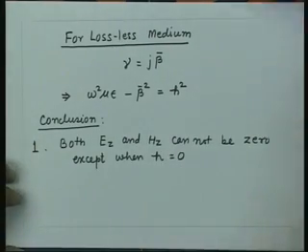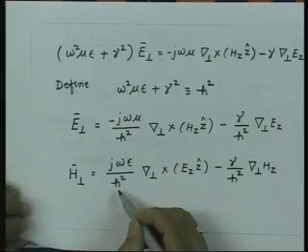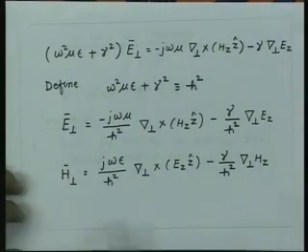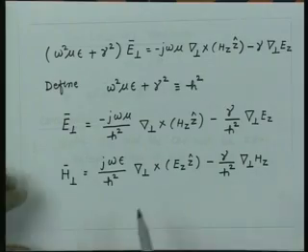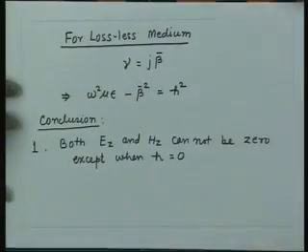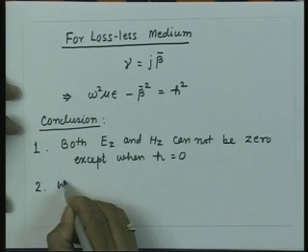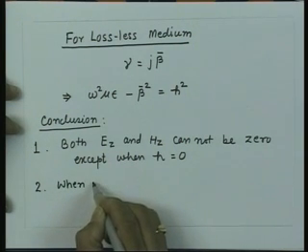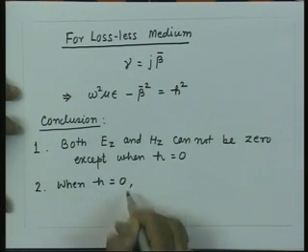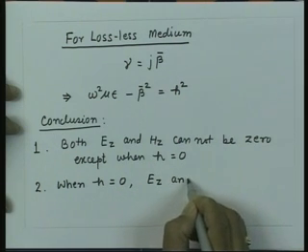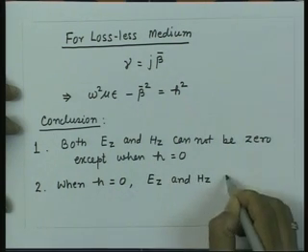Not only that, when h is equal to 0, to have finite transverse fields, the Ez and Hz must be identically 0. So even the converse holds: when h is equal to 0, Ez and Hz must be 0.